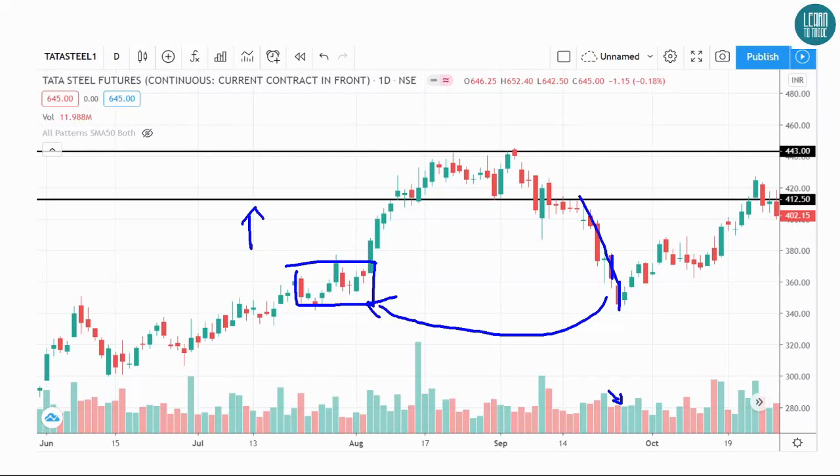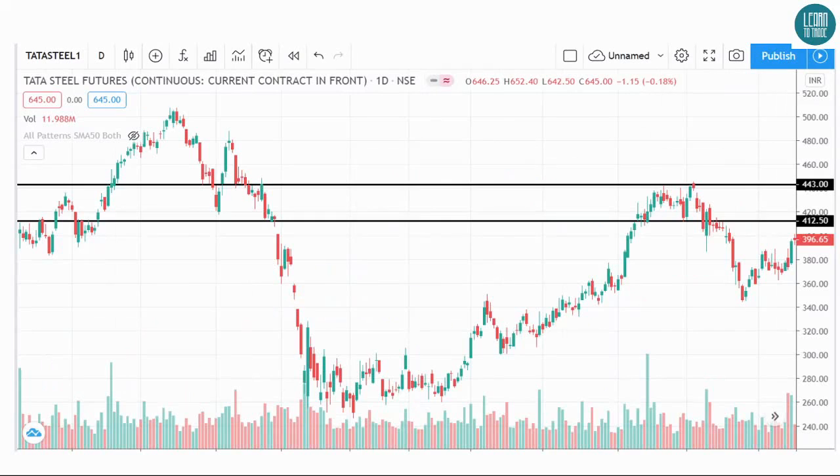Still price has moved down from 412 levels to almost 350, that is probably 60 points in a 400-plus rupees stock, more than a 12% move towards downside, but ultimately the trend was up. There is every possibility that whenever price is reapproaching the buyer zone, they can definitely come in and push the price towards upside.